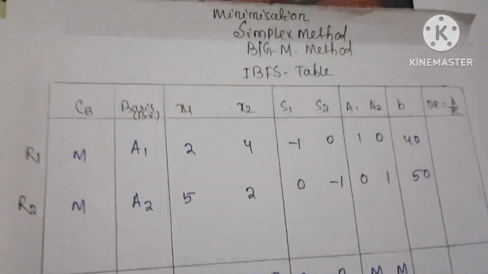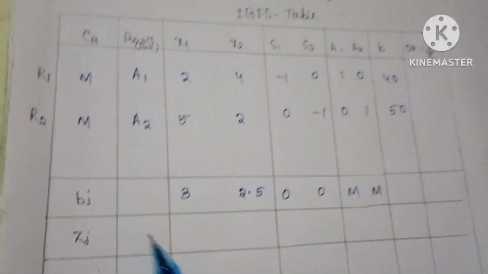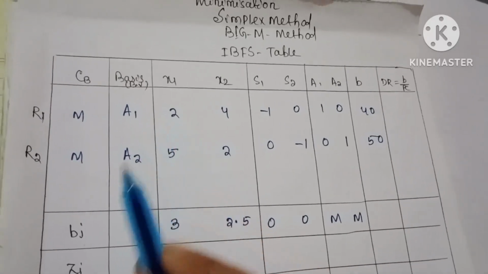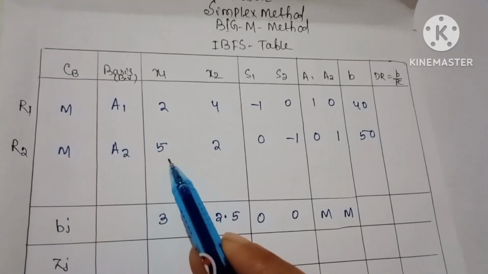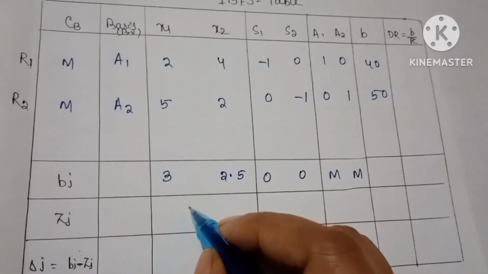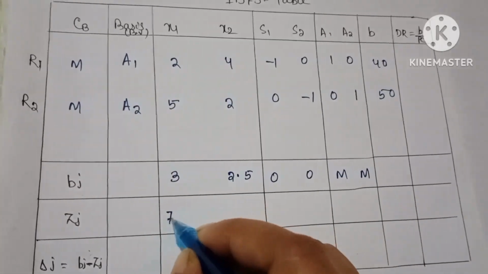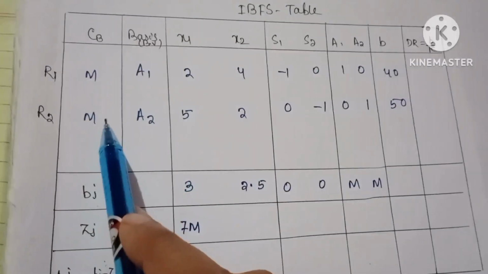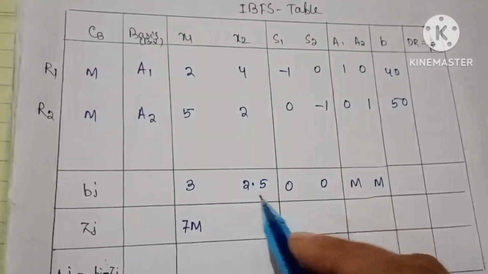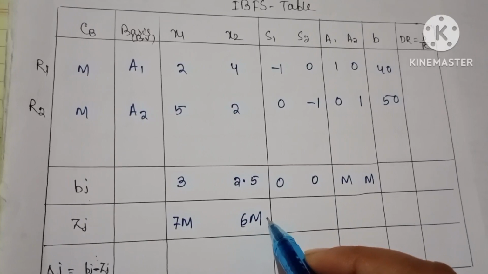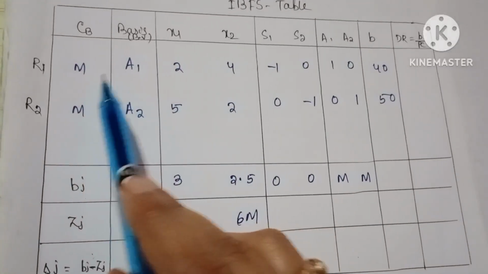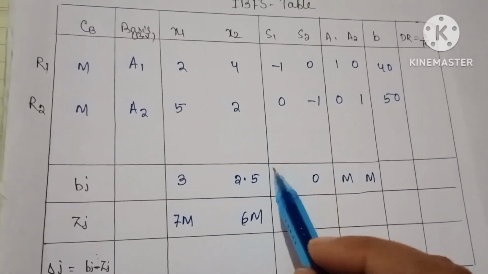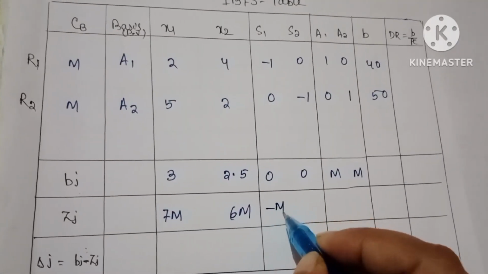Z1 equals M into 2 plus M into 5, which becomes 7M. Z2 equals M into 4 plus M into 2, which equals 6M. Z3 equals M into minus 1 plus M into 0, which equals minus M.